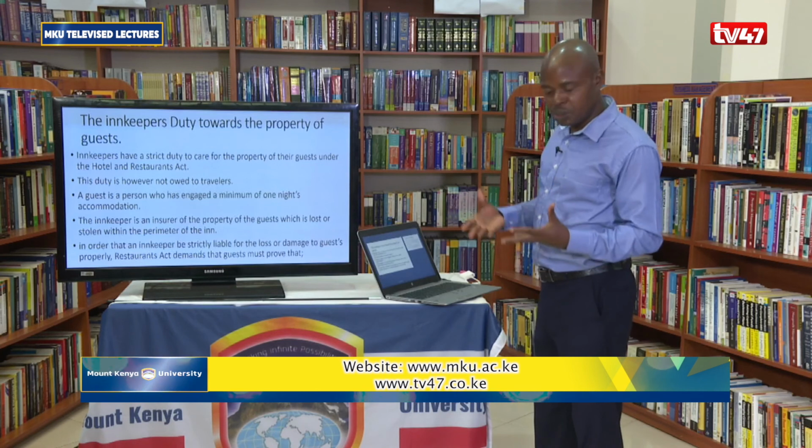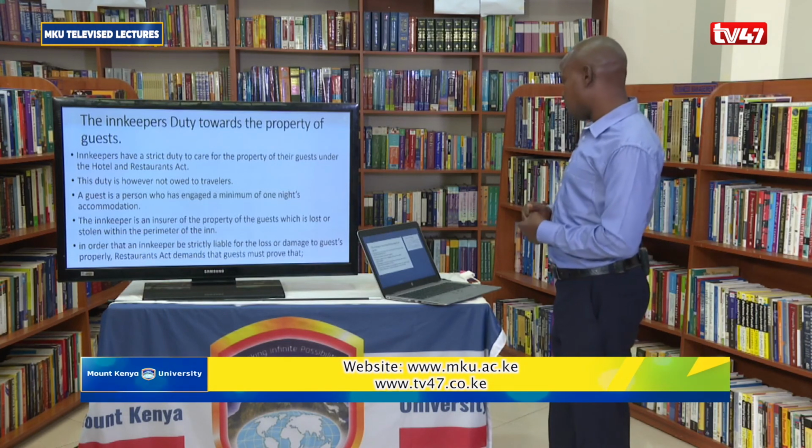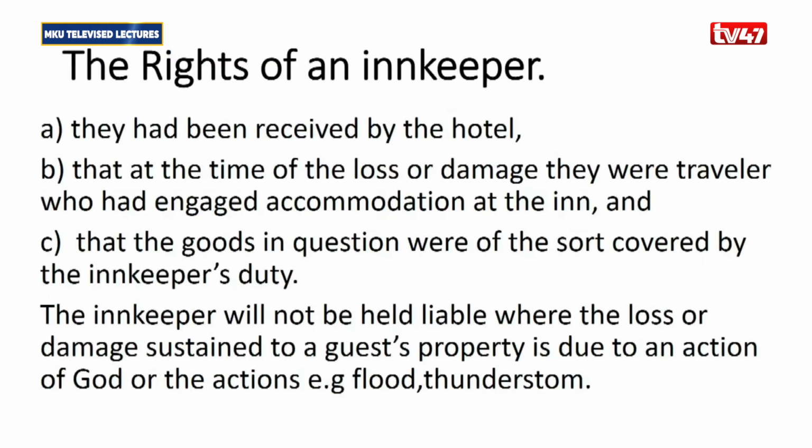They are the insurer of this property. So in order that an innkeeper be strictly liable for the loss or damage to the guest's property, the Hotel Act demands that for the guests to claim that they have to be paid for the lost property, they must prove to the innkeeper, one, that the property had been received by the hotel.